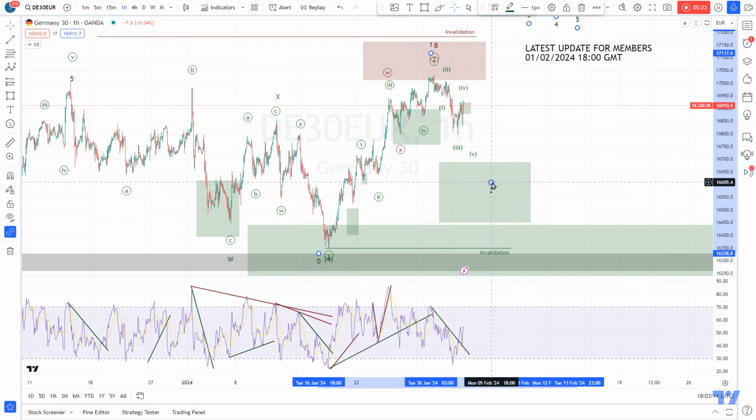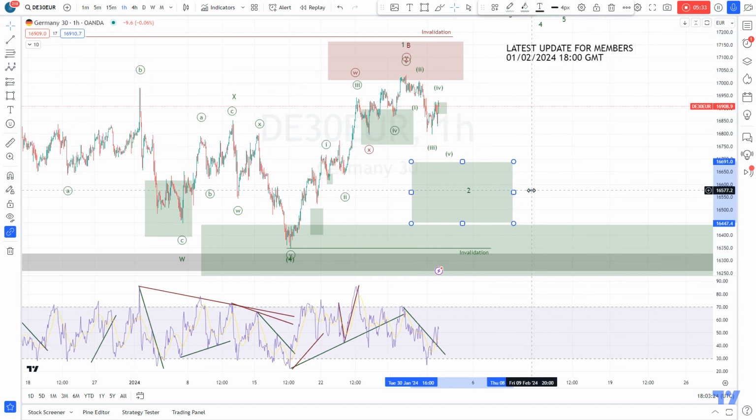A wave 2 is corrective, and so then this structure here could be something corrective. Can be an A, B, C down going to our target area, or it could also be a WXY structure.